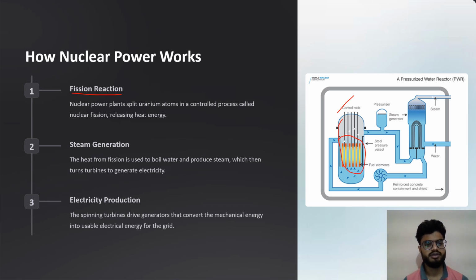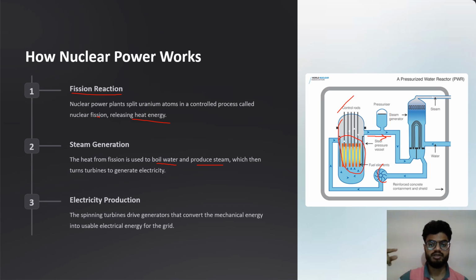So in nuclear power plants, the uranium splits into smaller atoms, and this controlled process is known as nuclear fission, and it releases heat energy. That heat energy is used to boil the water and produce steam, which is then used to turn the turbines to generate electricity. When the water has been heated up, the steam will be generated and go through the pipe and rotate the turbine.